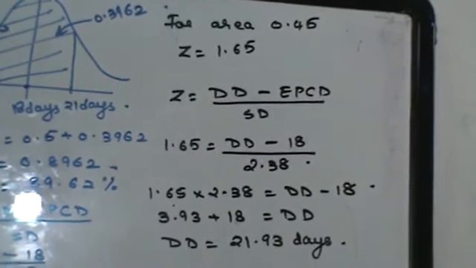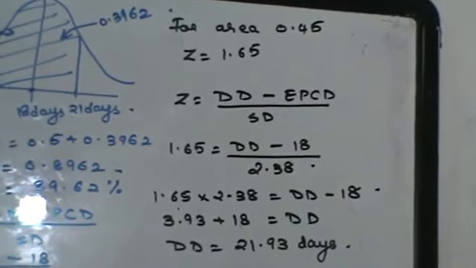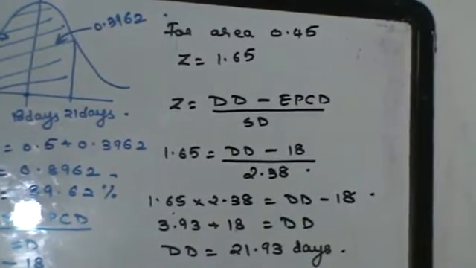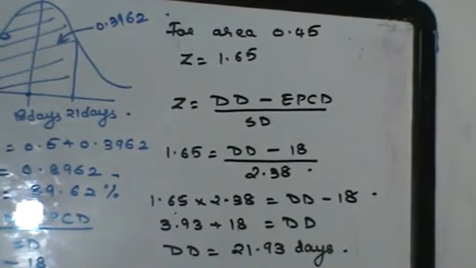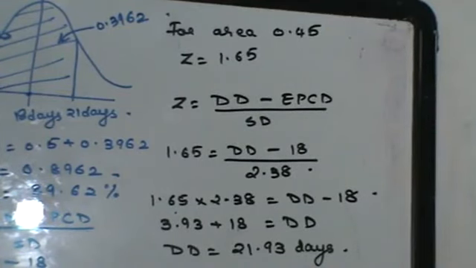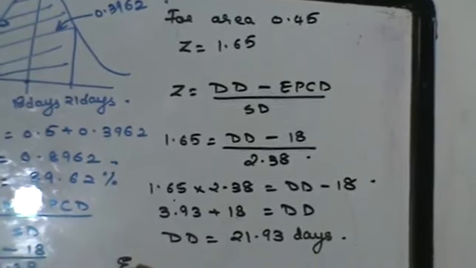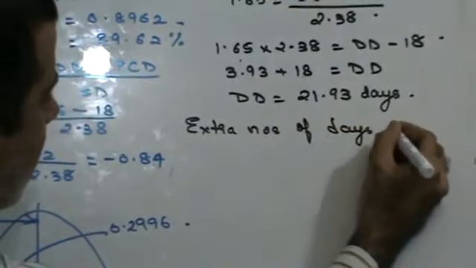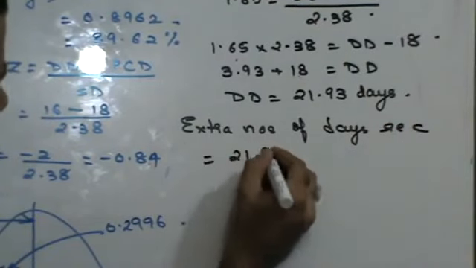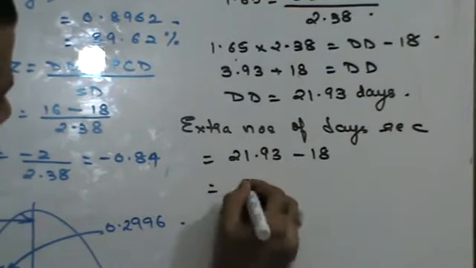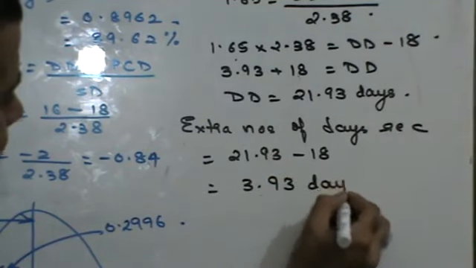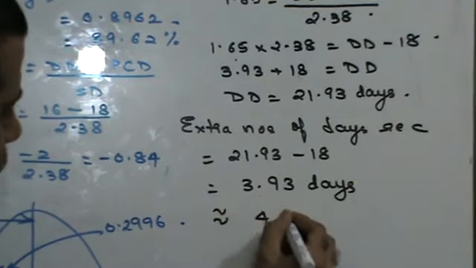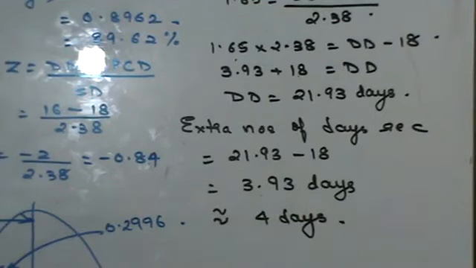95% chances that the project will be completed in 21.93 days. My expected date is 18 days. My expected project completion time is 18 days. How much more time do I require beyond that? Right? I can say that the extra number of days required is 21.93 minus 18, 3.93 days, which is approximately equal to 4 days, right?